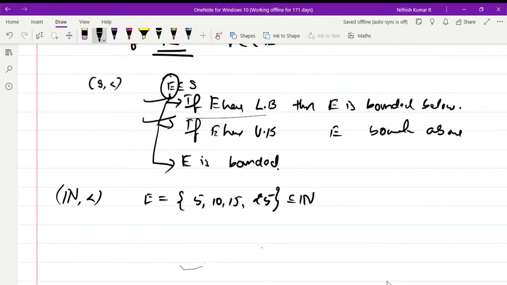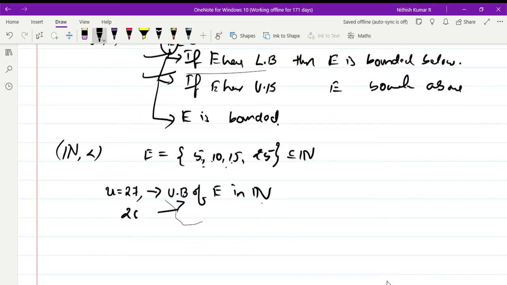Now observe that take U equal to 27. Is 27 greater than every element? Yes, 27 is greater than 5, 10, 15, 25. Therefore 27 is an upper bound of E in N. Now take 26. Yes, 26 is also an upper bound of E in N.